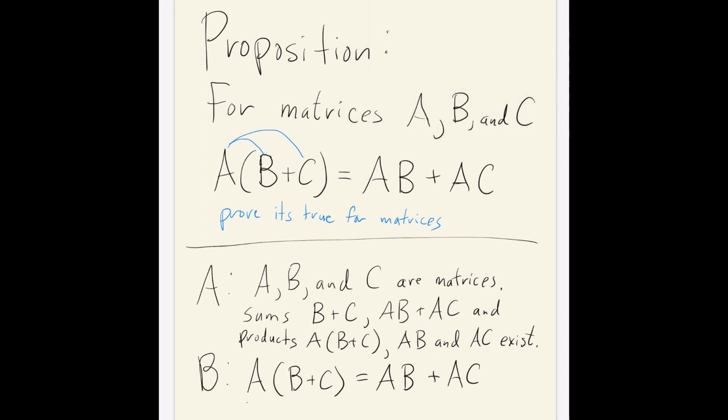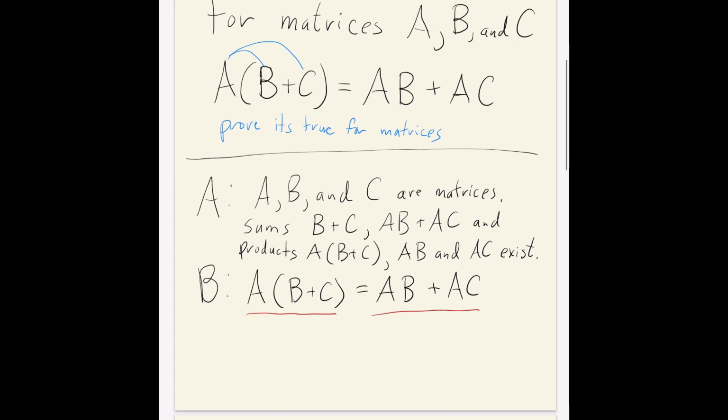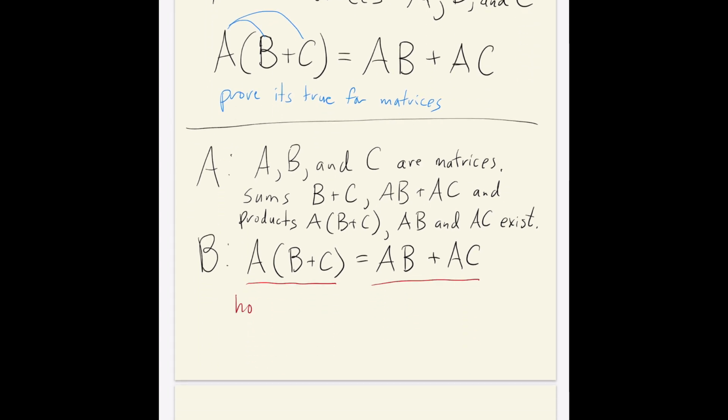So for statement B down here, what is a statement that if I know that statement B1 is true, then statement B must be true? So what are we trying to show here? We're trying to show that two matrices are equal. So our leading question is, how do we show that two matrices are equal?